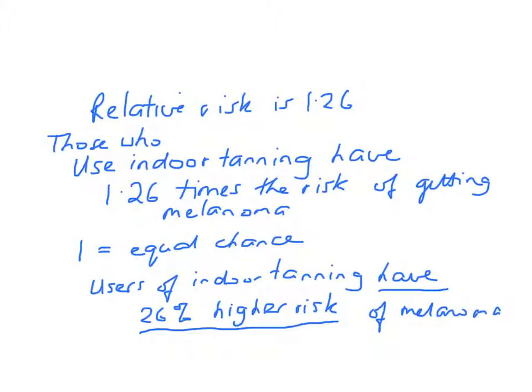Because when you look at 1.26, 1 is 100%, 0.26 is 26%. But then you must balance that with looking at what the actual risk is. Is the risk very, very low? So if it's 26% more, it doesn't really matter? Or is the risk very high? Then 26% does matter. So you have to weigh that up. Okay, and that's about relative risk. Thank you.